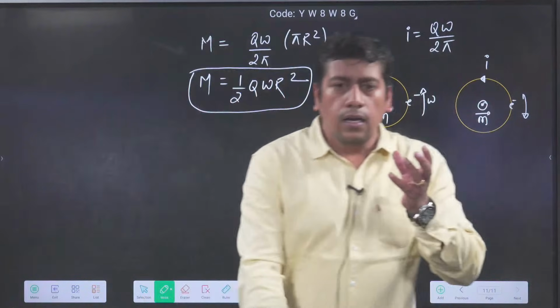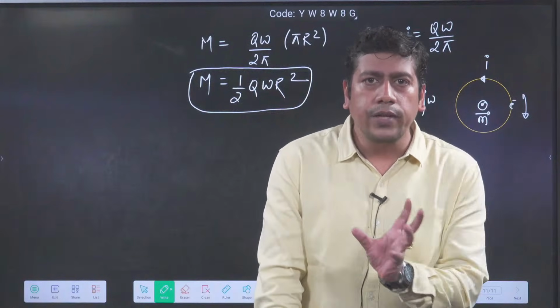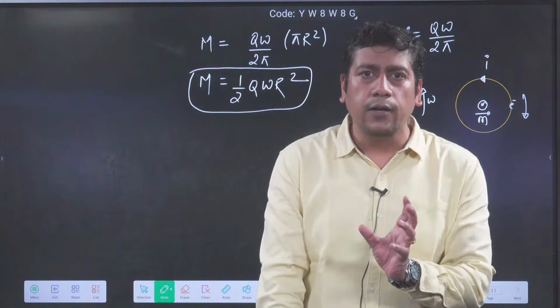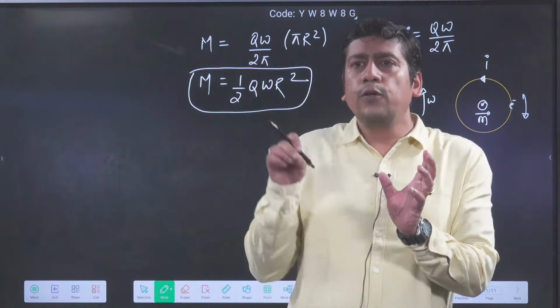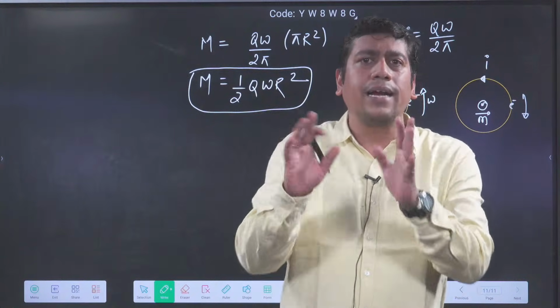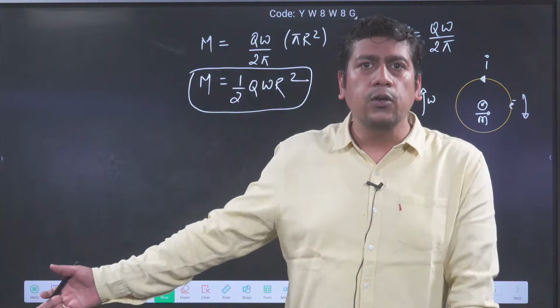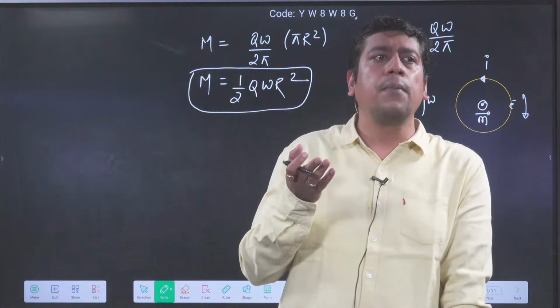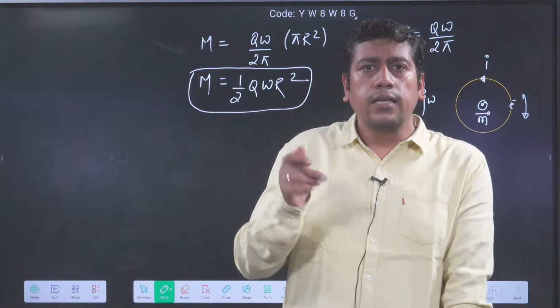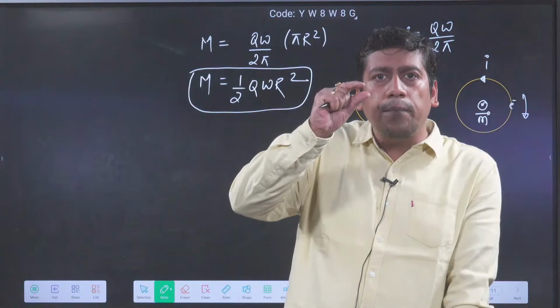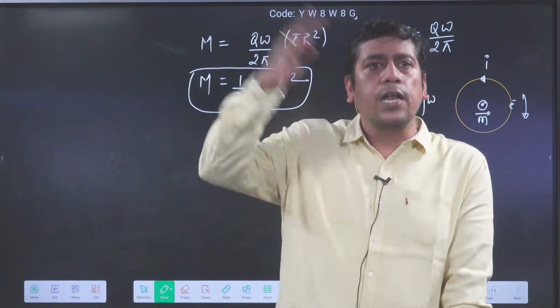Understand, the magnetic field was not there. Then suddenly you brought the material inside the magnetic field. That means if you switch on the magnetic field, let's say it becomes 10 Tesla. But earlier it was 0 Tesla only. Then suddenly it became 10 Tesla. Then in that short duration of time, magnetic field changed very fast.